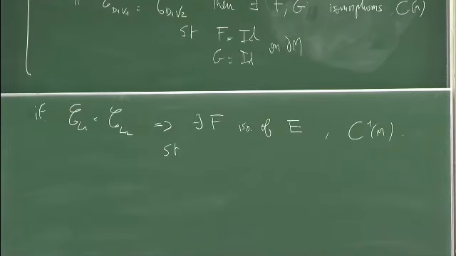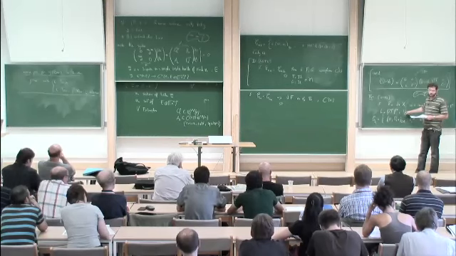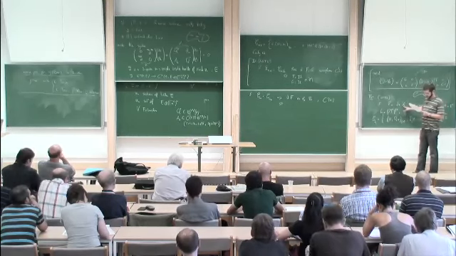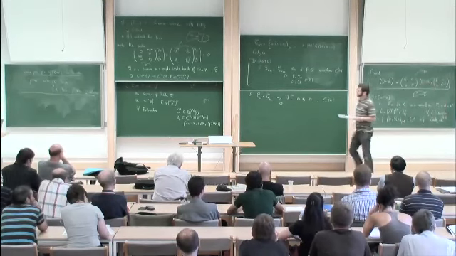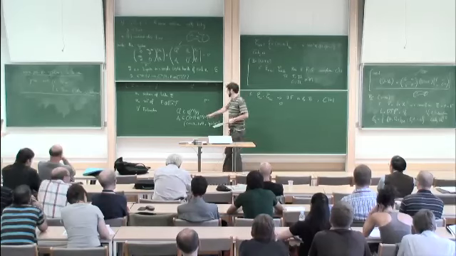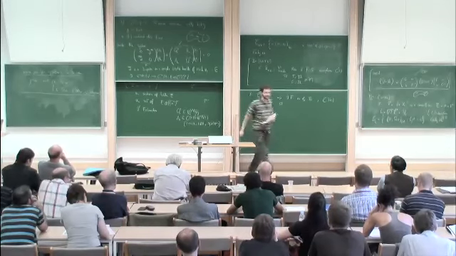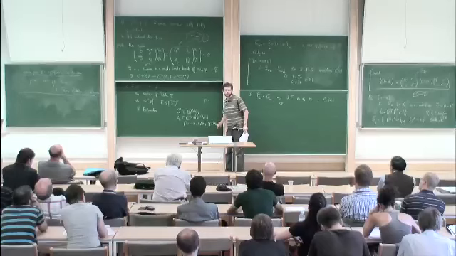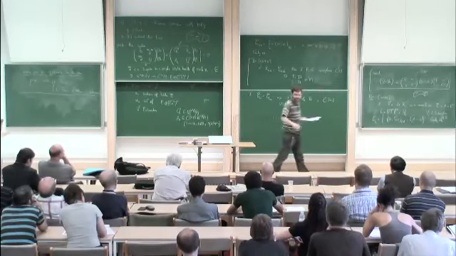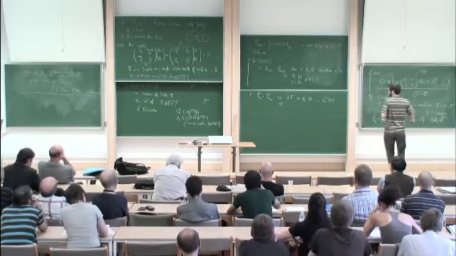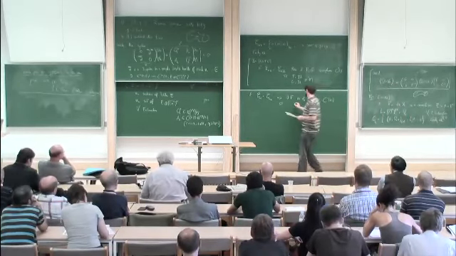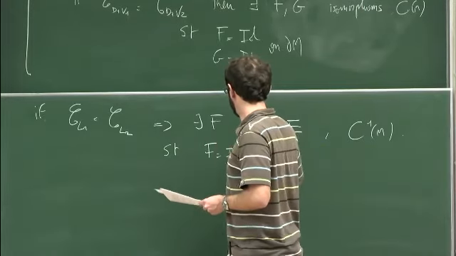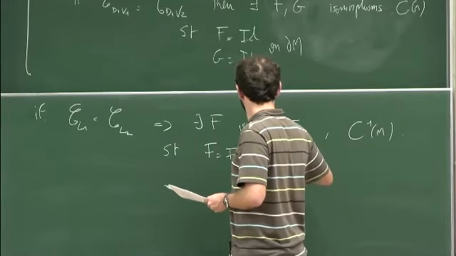This guy has to be in W1P for P bigger than 2, and X has to be in this bizarre space here. So as you can see, the regularity depends also on the rank of the bundle, at least in what we do, such that F is the identity on the boundary. That's the first thing.